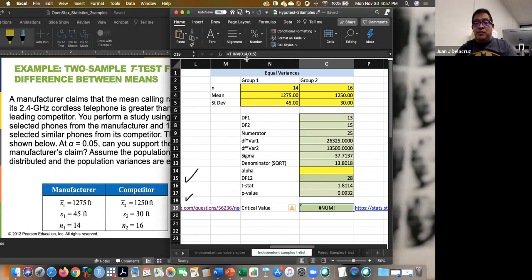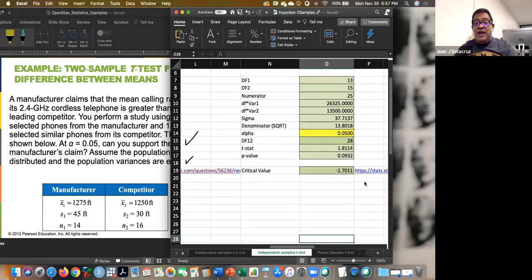I need probabilities, so in this case it is the 5%, 0.05. And I have a critical value of minus 1.71. But remember, this is the value for the left tail test. We're assuming a right tail test at 5%, so it makes sense that we use this with the different sign.